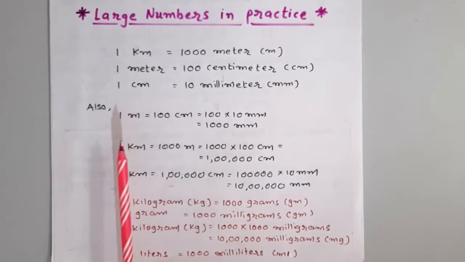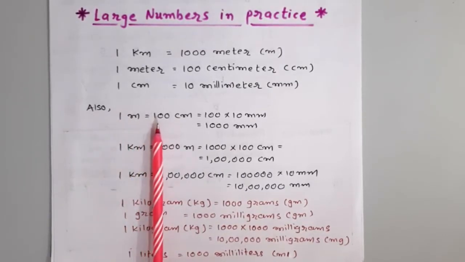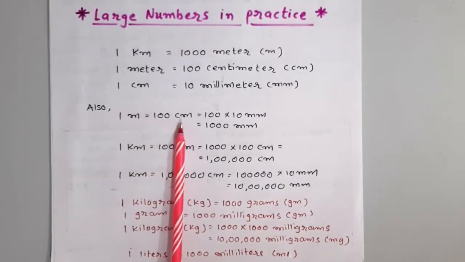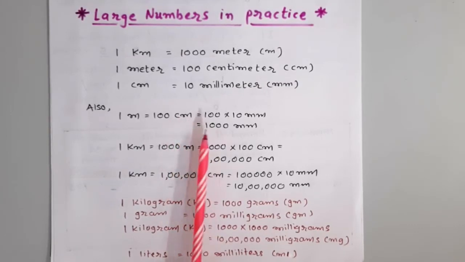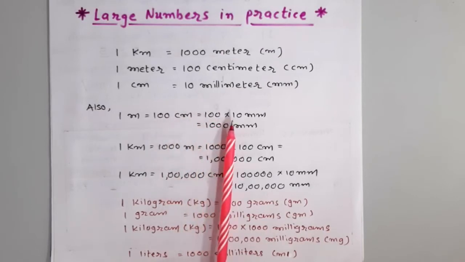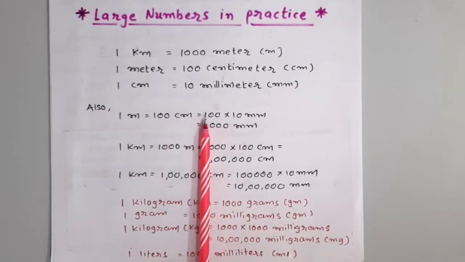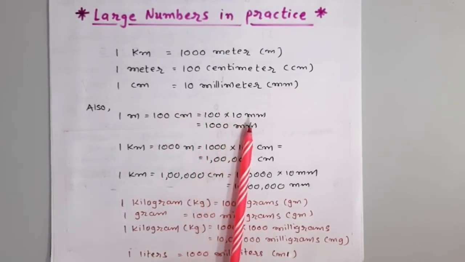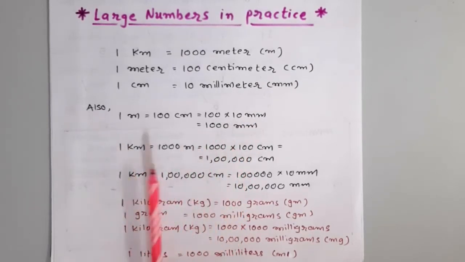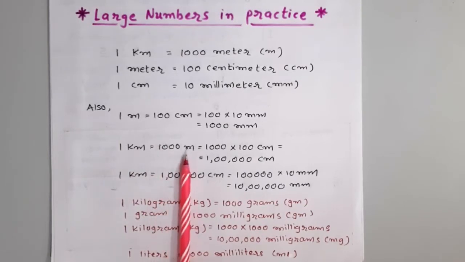Now 1 meter is equal to, we know, 100 centimeters. If we want to convert into millimeters, then we have to multiply by 10. So 100 into 10 millimeters, that is 1000 millimeters. In the same way 1 kilometer is equal to 1000 meters.